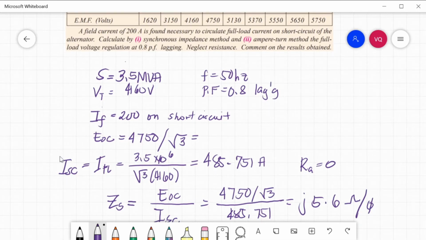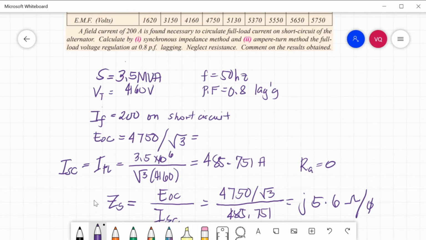For the short circuit current, we have the full load current equal to 3.5 times 10 raised to 6 divided by square root of 3 times the output voltage of 4,160 volts. That is 485.751 amperes. Our armature resistance is equal to 0.